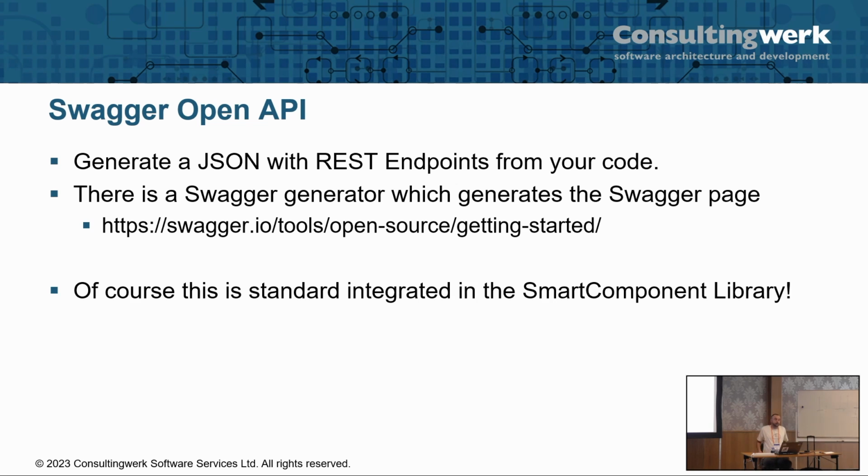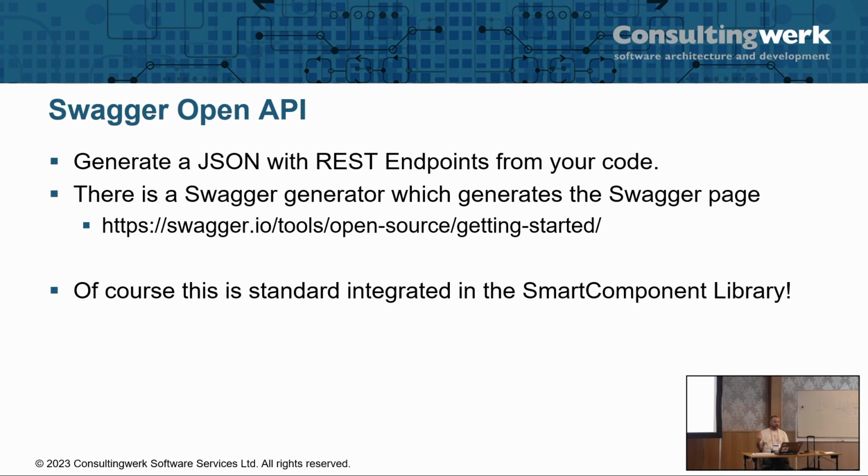On top of our REST API, we can use Swagger OpenAPI 3.0. I think it's open source, it's on the internet, and there are a lot of examples. I always make the joke to my Smart Component Library trainees that we as backend developers do not like to talk to web developers, and with a Swagger page, we really do not have to talk to the web developers anymore.